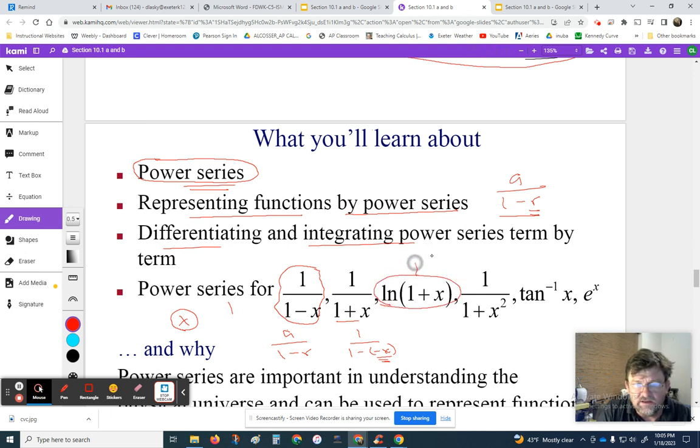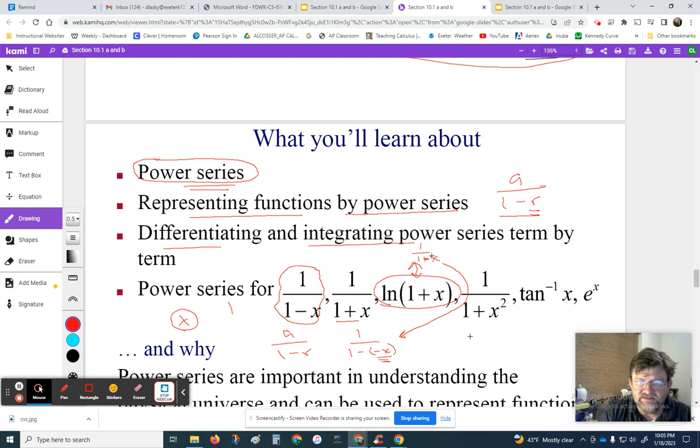Well, if I differentiate or integrate these things, this can turn into 1 over 1 plus x, which in turn turns into 1 over 1 minus negative x. So these things start kind of pulling together.